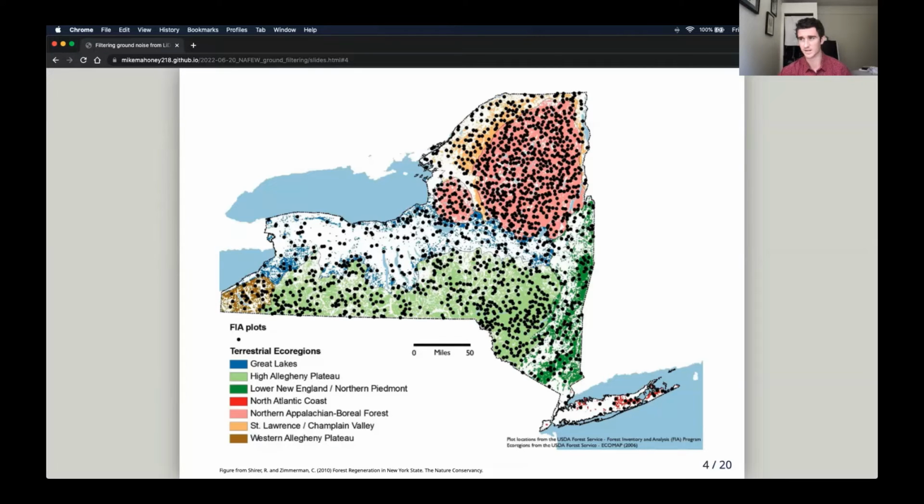So really this data is meant for county and statewide level predictions, which makes it challenging when you want to predict forest biomass at a local scale for active management or for monitoring sequestration rates.